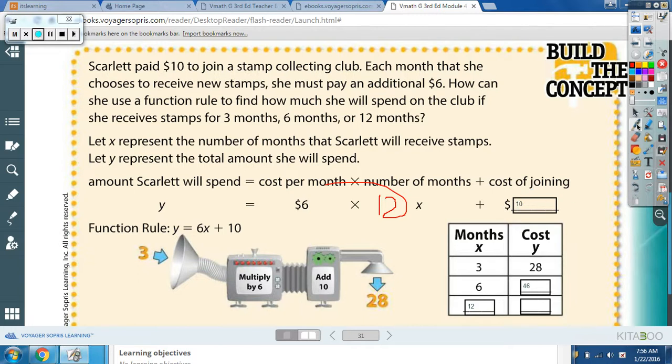If she purchases stamps for 12 months, she will spend a total of $82. Input-output tables. You have the independent variable, which will be your X value. You input it into your function rule, and that will give you your output value, or your dependent variable.